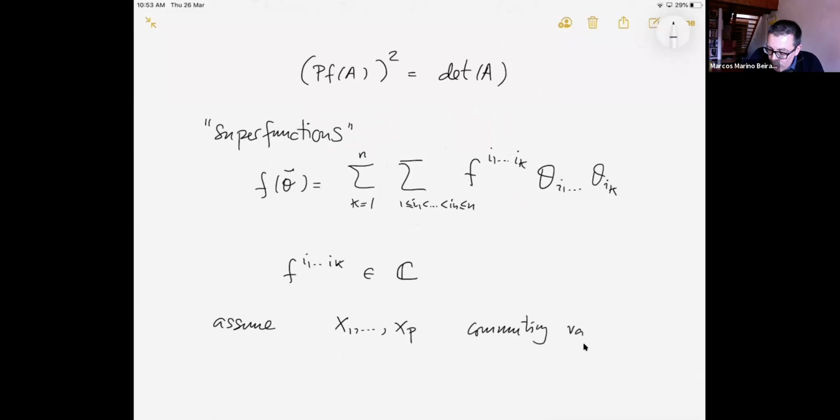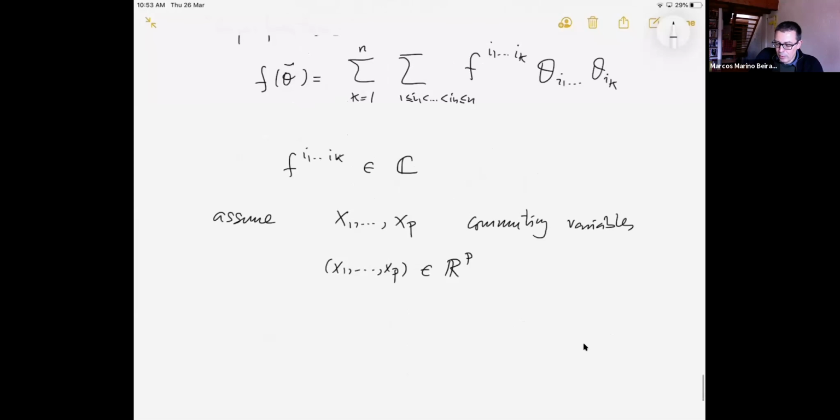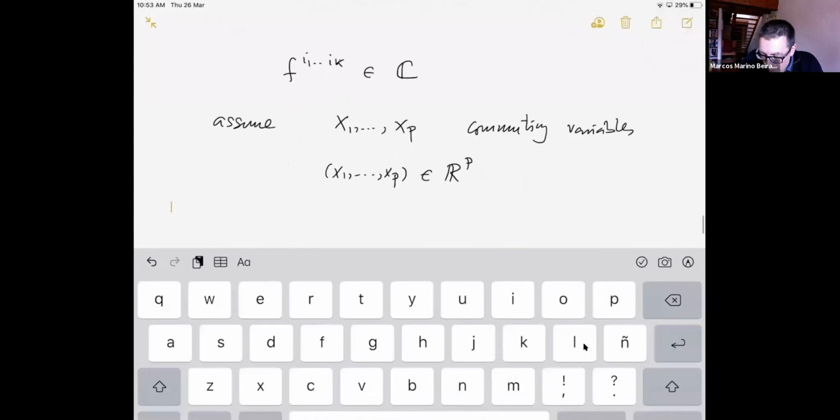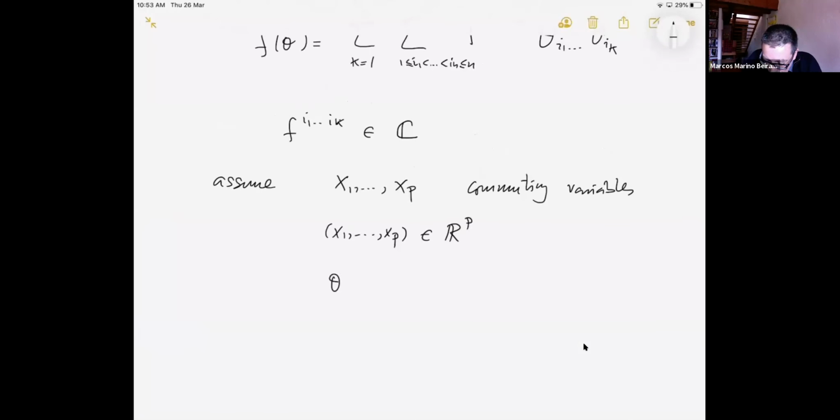You can think about these as real variables in Rp. So let's not, for the moment, do anything fancy. And on top of that, we would have anti-commuting variables. So we have p commuting variables and n anti-commuting variables, right?